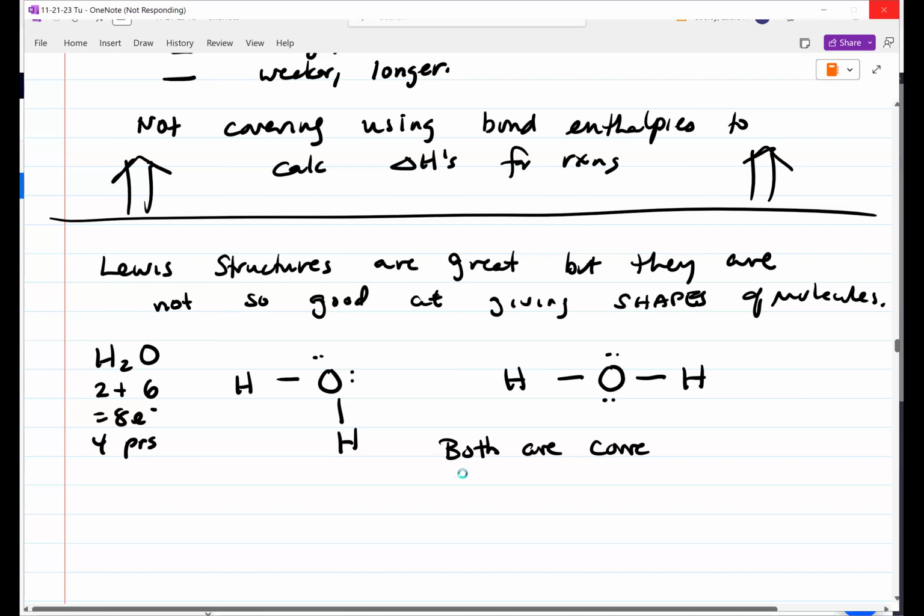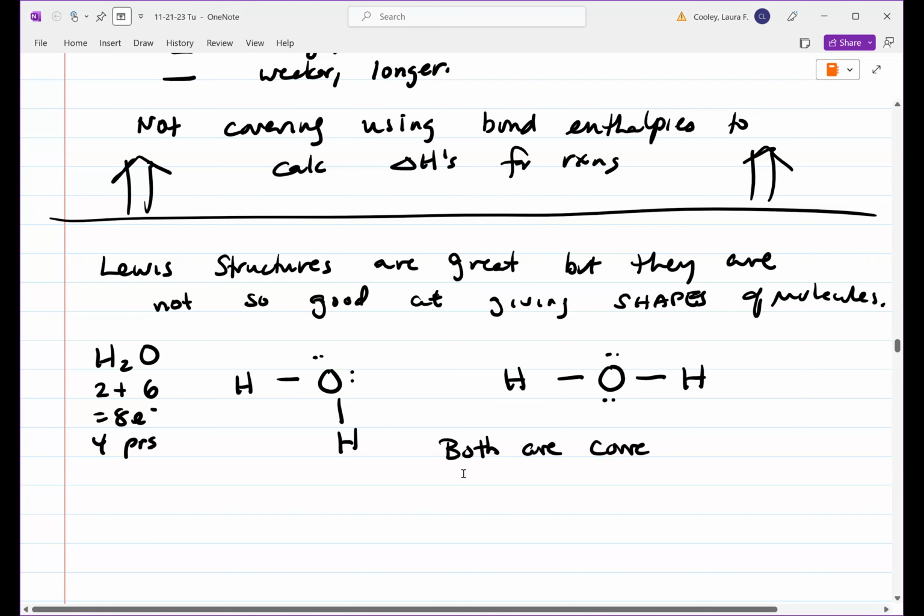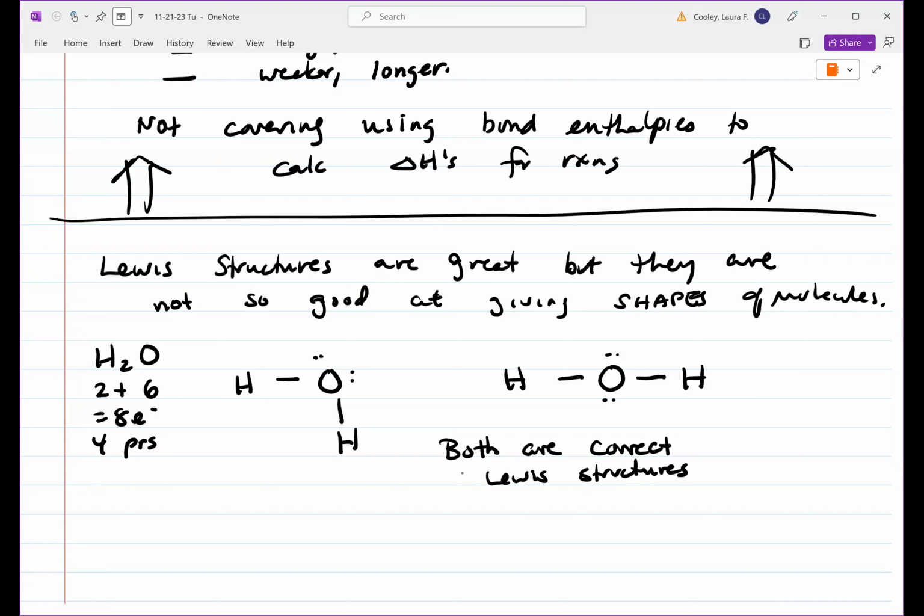So what's wrong with them? Anybody know what's wrong with one of them or both of them? The charges are fine here. The formal charges on H are both 0.